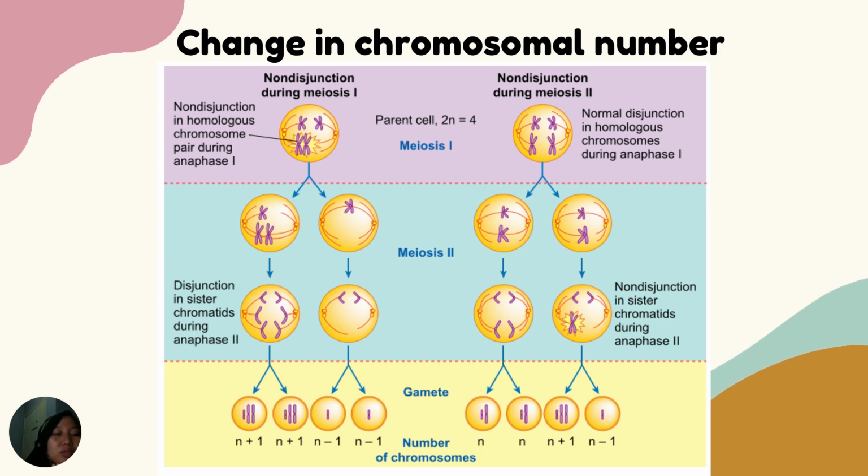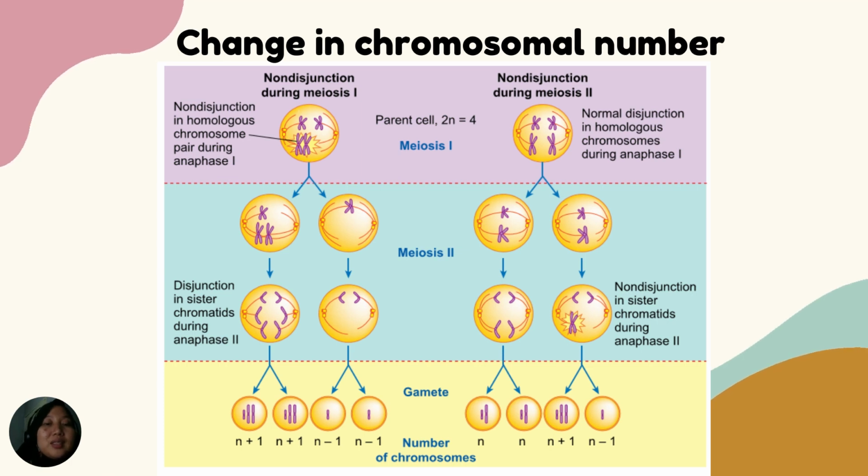When it happens, it will cause an extra number of chromosomes in a gamete, or fewer chromosomes in a gamete. That is why you can see n+1, n+1, and then n-1, and also n-1. So that is the result of non-disjunction that occurs in meiosis one.